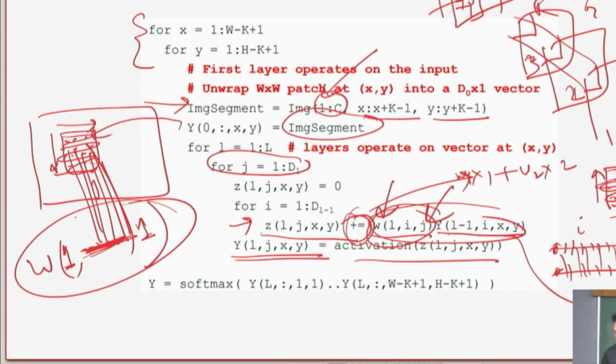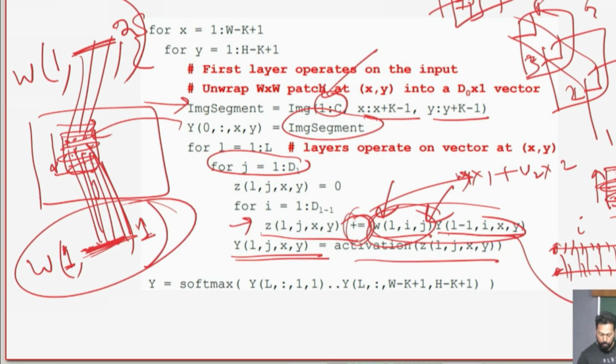The same thing happens, just that now the weights will be different for the second neuron. The first index is just the layer, so this remains the first one. Each neuron has its own set of weights, so I put W2 here, and then the same process happens: do pointwise, inner product, and then activation and so on.